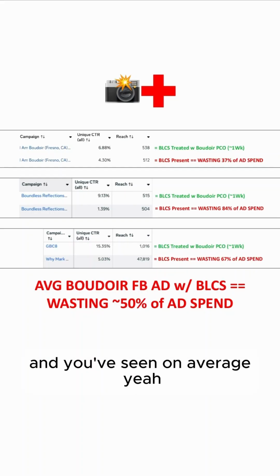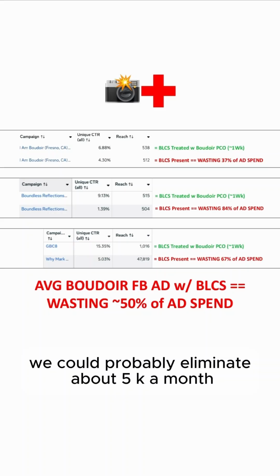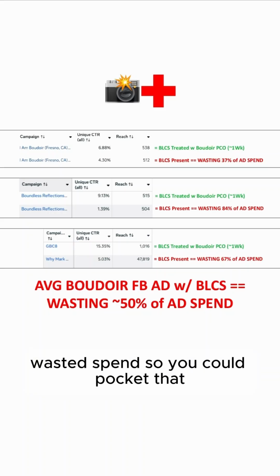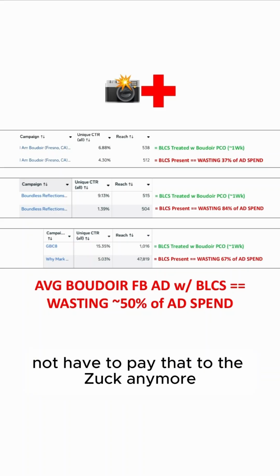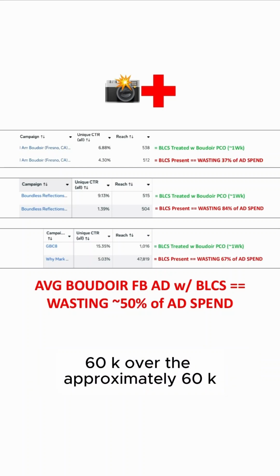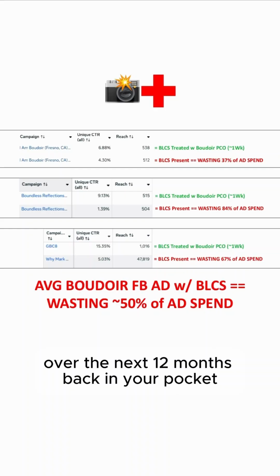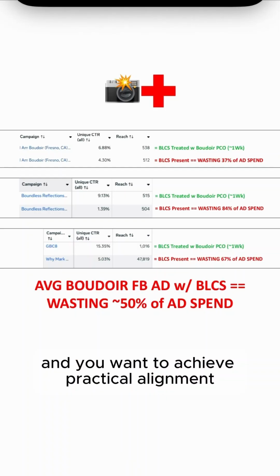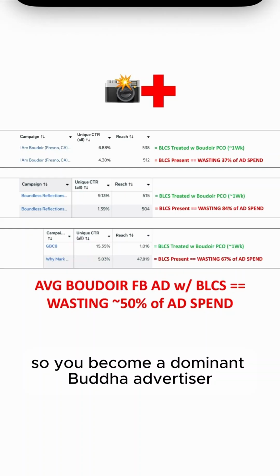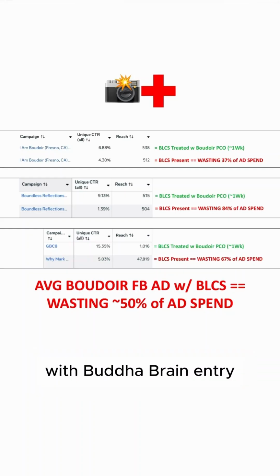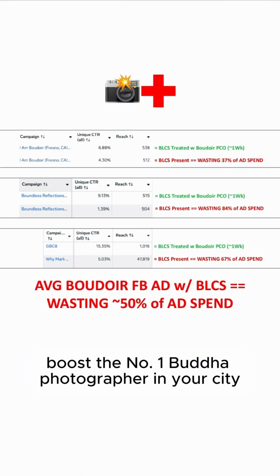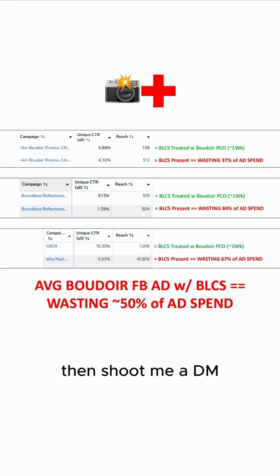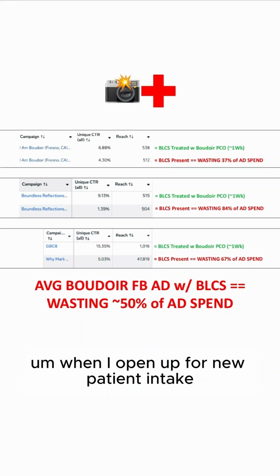And you've seen on average, yeah, we could probably eliminate about 5K a month in wasted spend. So you could pocket that and not have to pay that to the Zuck anymore. Approximately 60K over the next 12 months back in your pocket, no longer being wasted. And you want to achieve pre-click alignment, so become a dominant boudoir advertiser with Boudoir Brain Entry Boost, the number one boudoir photographer in your city. Then shoot me a DM when I open up for new patient intake.